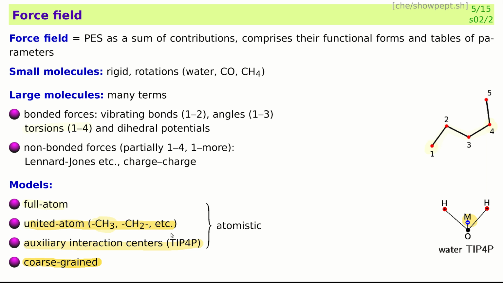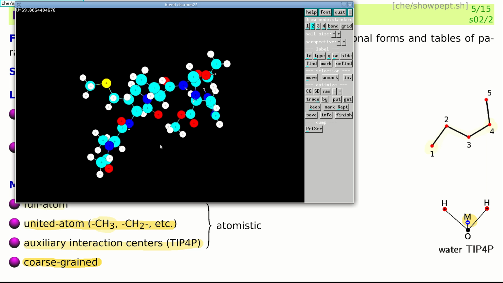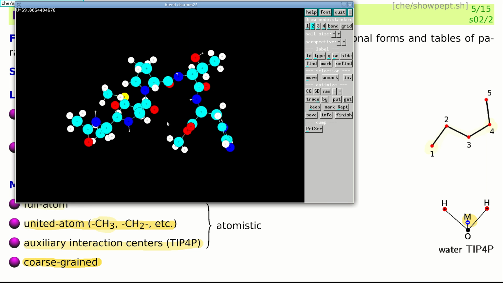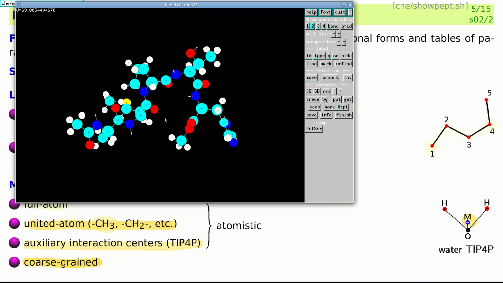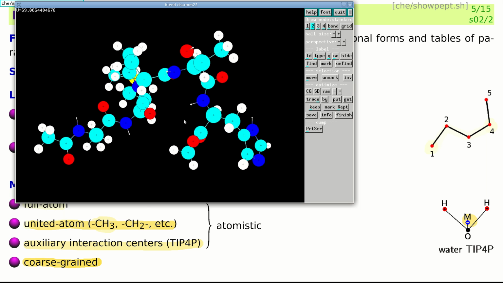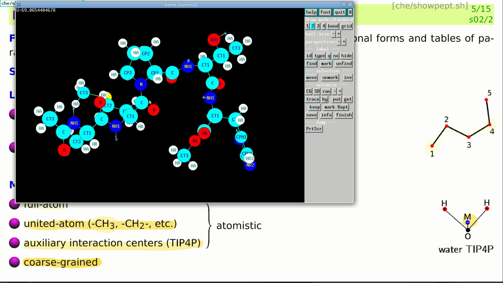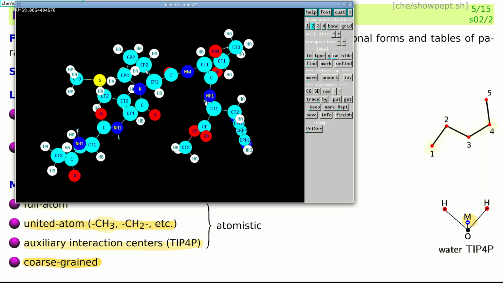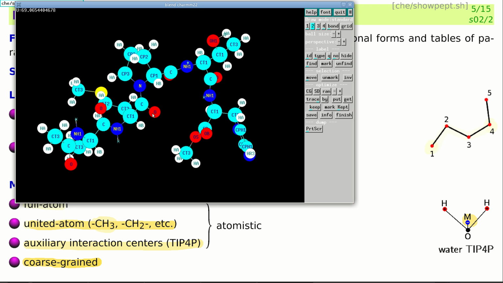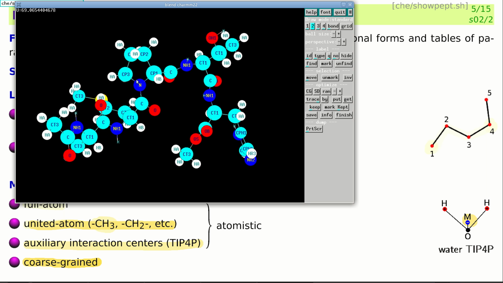I will show you now one small peptide in the force field which is called CHARMM 22. It's quite old. Carbons are cyan or light blue, sulfur is yellow, oxygens are red, hydrogens are white, and the nitrogens are blue.